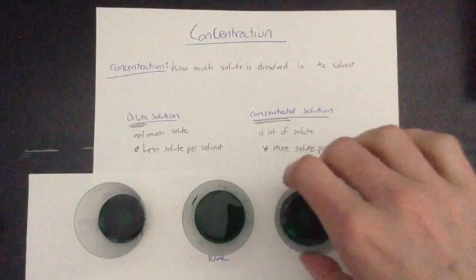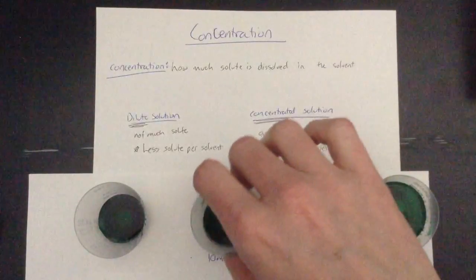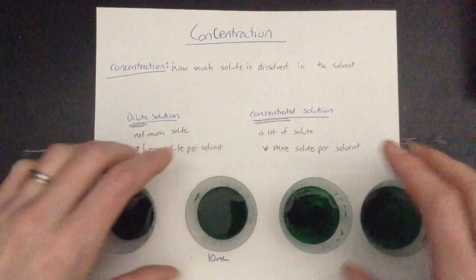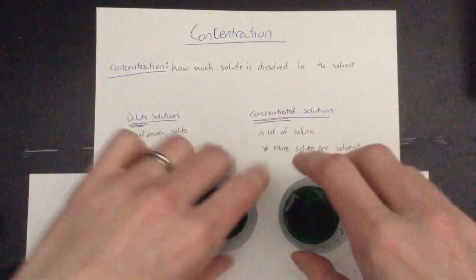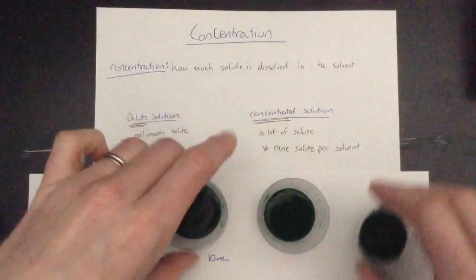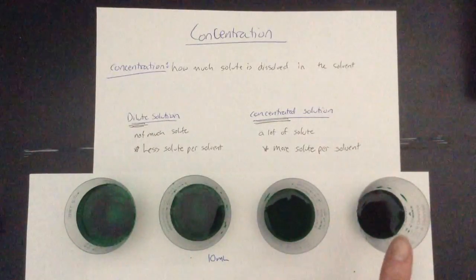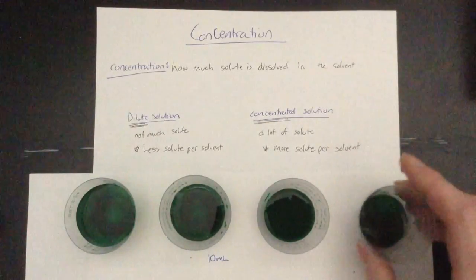Although I should have used bigger amounts. Okay, so if I wanted to put these in order from the dilute to the concentrated, I would have to switch the order. You see I have more solvent over here and less solvent over here, and that makes my solution more concentrated.